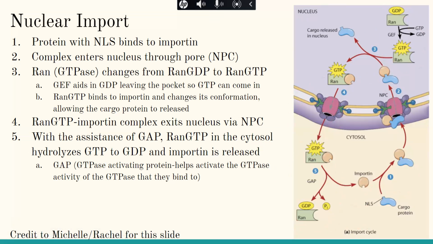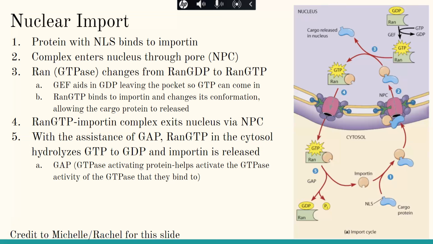I did have a question when I was studying. I don't know if it matters, but when we say that GEF only exists in the nucleus, is that the GEF that binds RAN? Because I vaguely remember, and I don't know if I'm mixing things up, that a GPCR uses a GEF, or the G protein. Oh yeah, I know what you're talking about. Is it RAN GEF in the G, or is that RAS? I know RAS and RAN are easy to mix up.